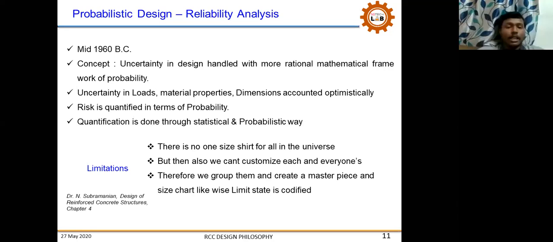If I give this kind of dimension, how much will it fail, and then they are able to do this. So identifying the risk and quantifying it in terms of probability.